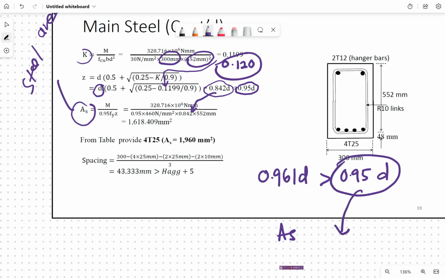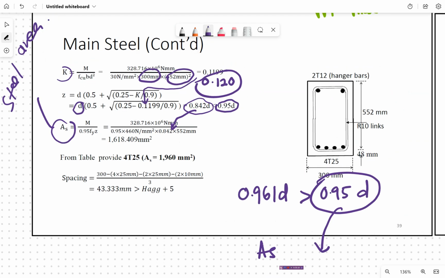That's why we have to compare with 0.95d to ensure the value of z we get is less than 0.95d. If it exceeds, we use 0.95d instead.